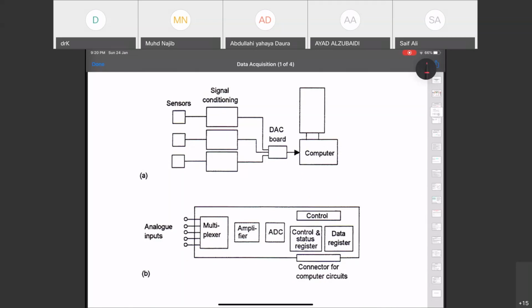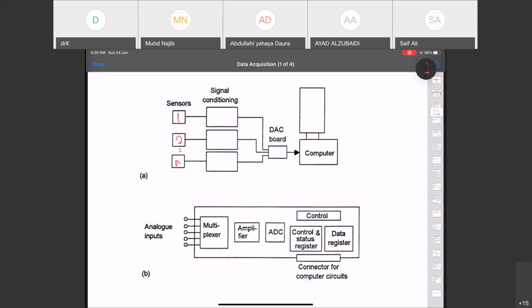All right. So in this slide, you are looking at multiple sensors. One, two, maybe a number of sensors, and for each sensor you have to connect to a specific signal conditioning system.